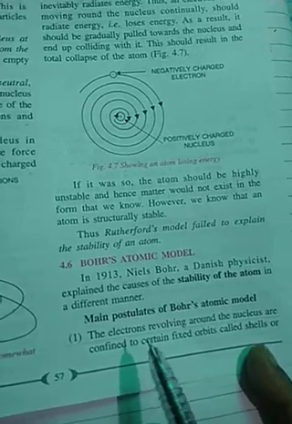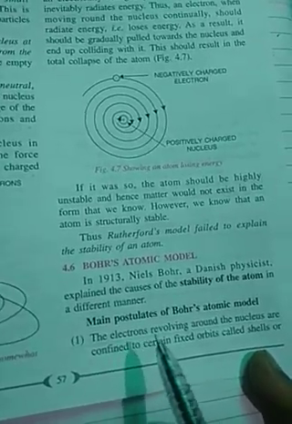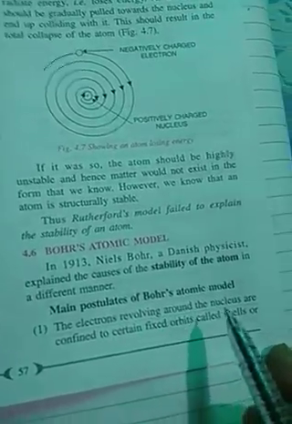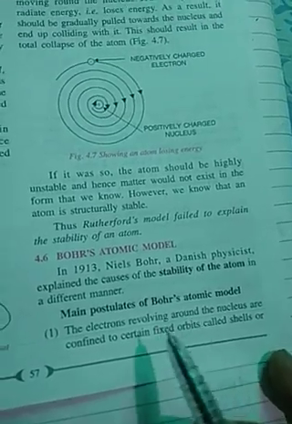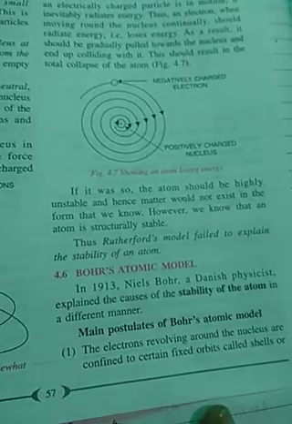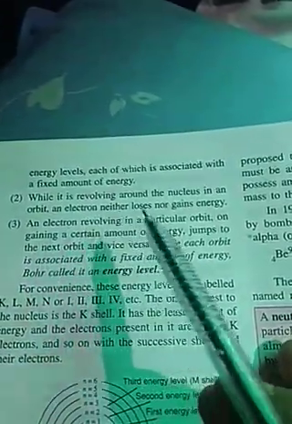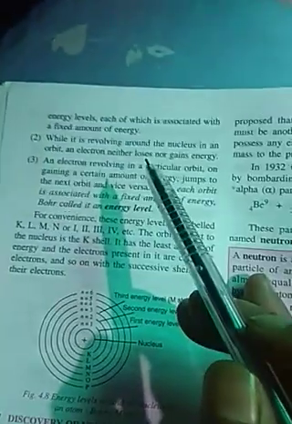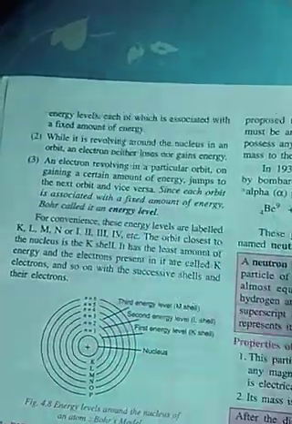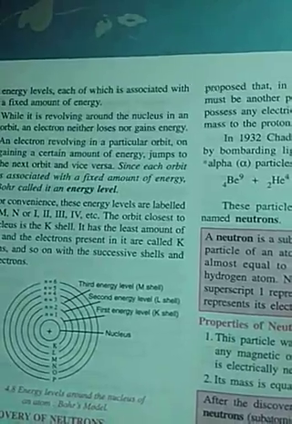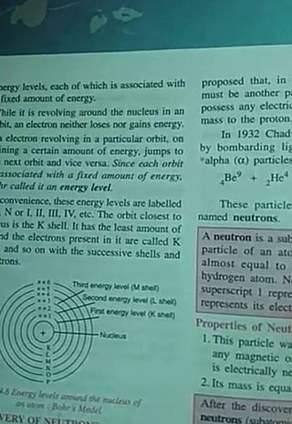In an atom, electrons are revolving around the nucleus in fixed shells or orbits, and all the shells are fixed with a certain fixed amount of energy. During revolution, electrons neither lose nor gain energy.